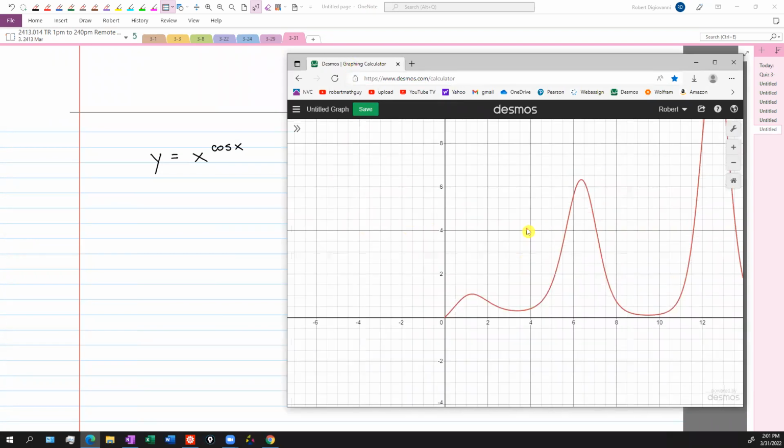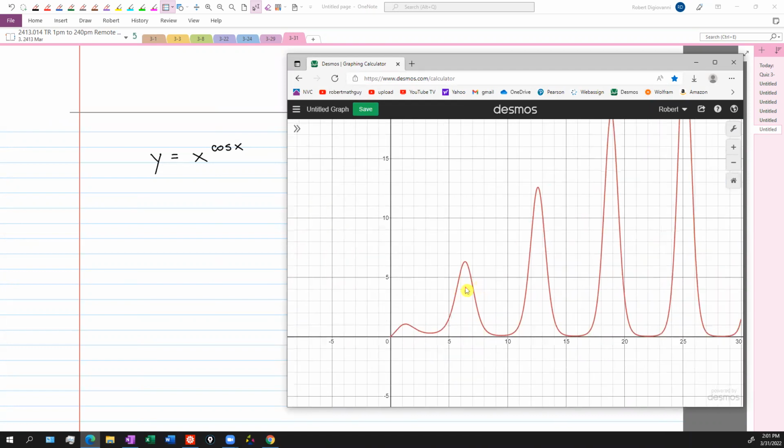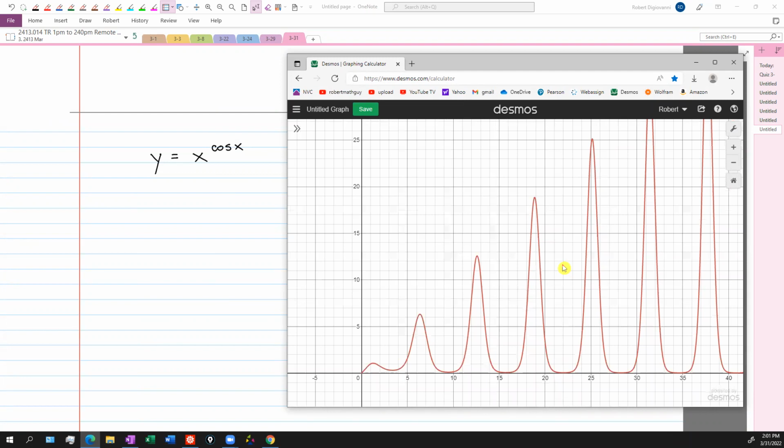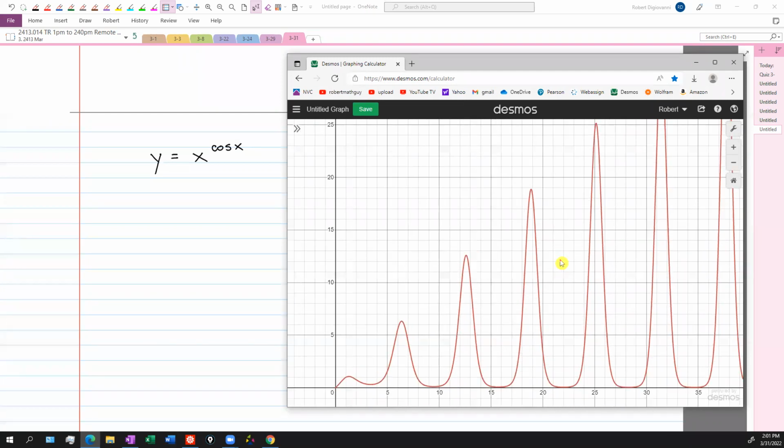Isn't that a cool graph? What we're trying to do is see if we can come up with a formula that would allow us to find the slope of the tangent line at any point on this curve, right? That's what we're doing.